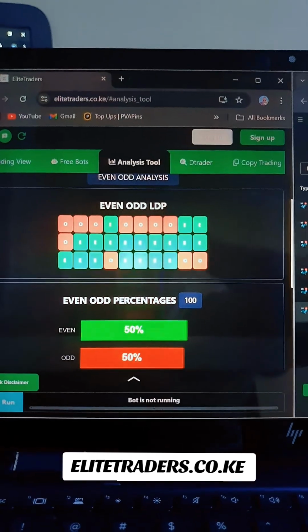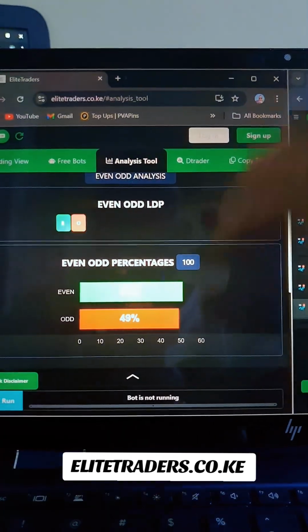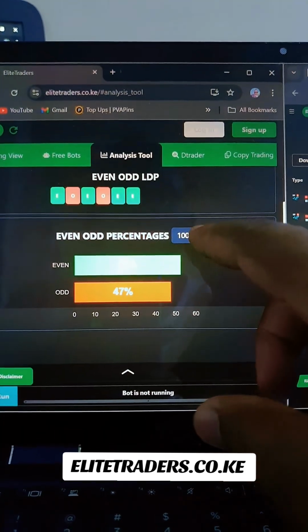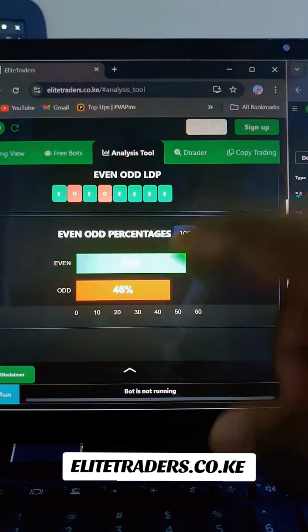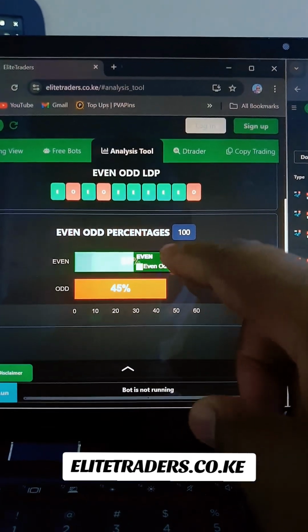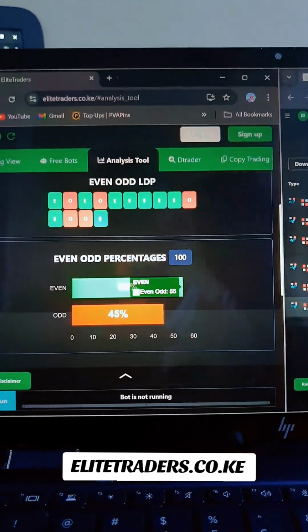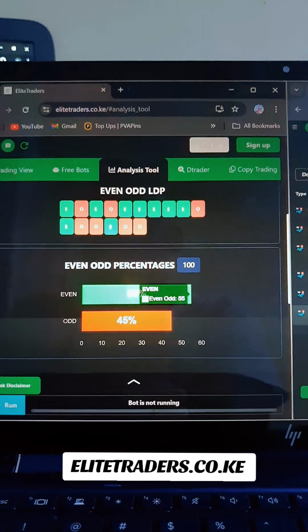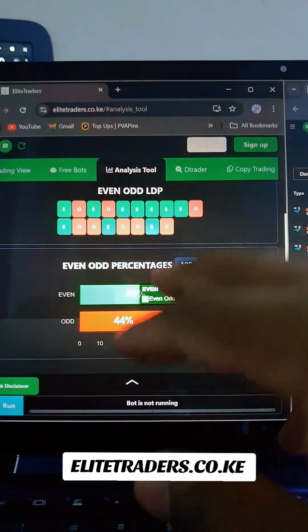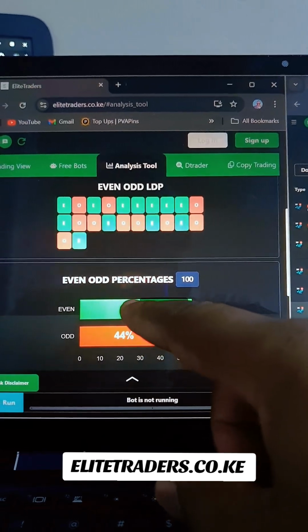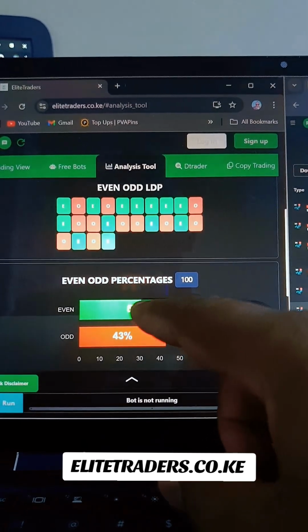Right now the market is moving to even, so this is what you do. I love trading on the 1s volatilities. You just use 100 ticks and above. Then on this over under percentage tool, make sure the market that you want to trade, either even or odd, is 50% and above. This percentage should also be increasing. If you want to trade even, make sure it's on a rising momentum.